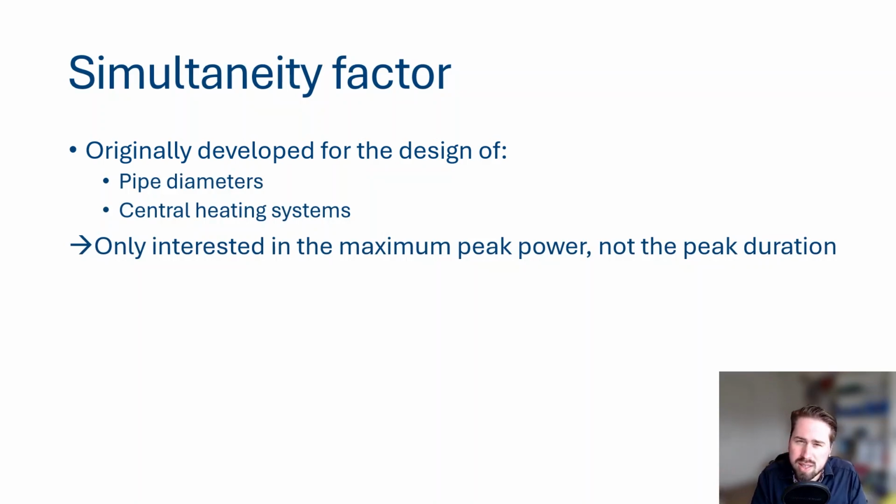So if you have a district heating system and you know 100 users are connected, you want to size your pipe in such a way that you make sure that your peak power can pass through it, or also that your central boiler, for example, or waste incineration plant, whatever, can actually heat and provide the buildings with their peak demand.